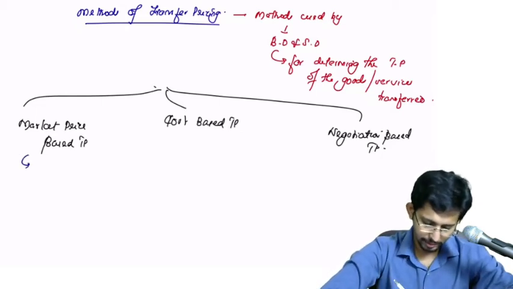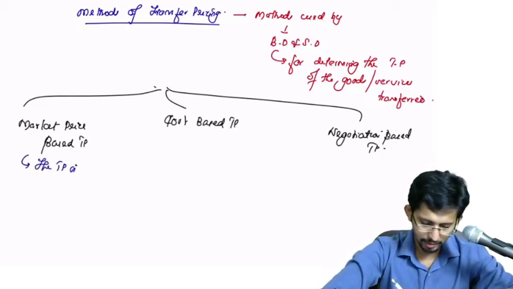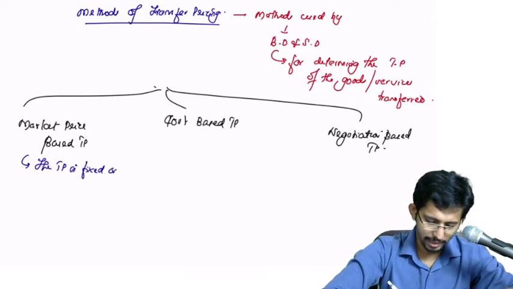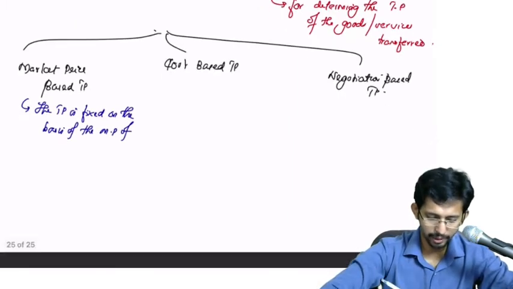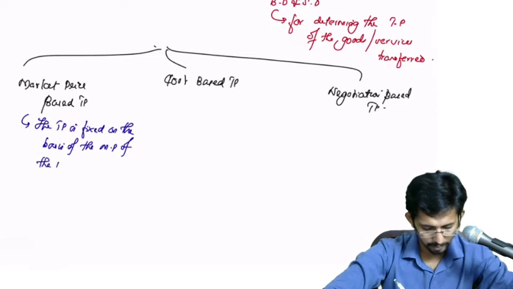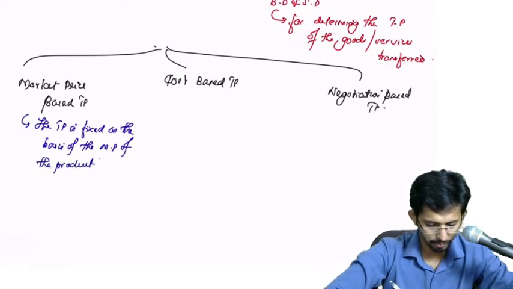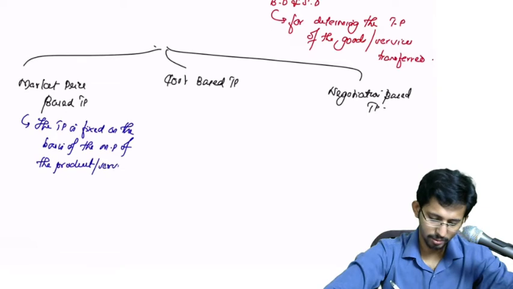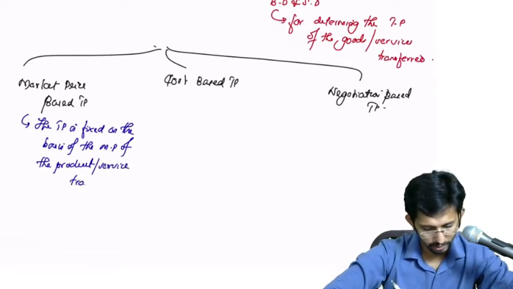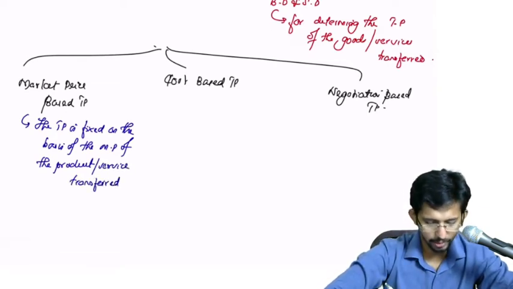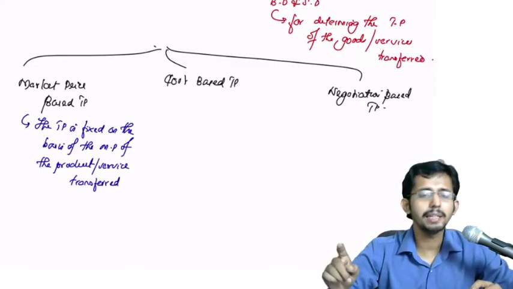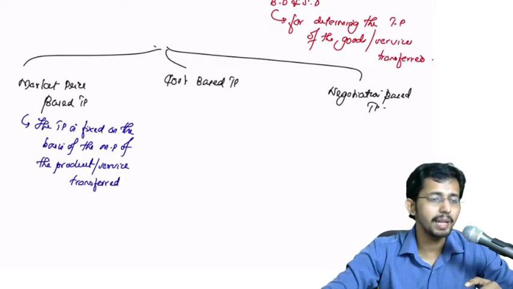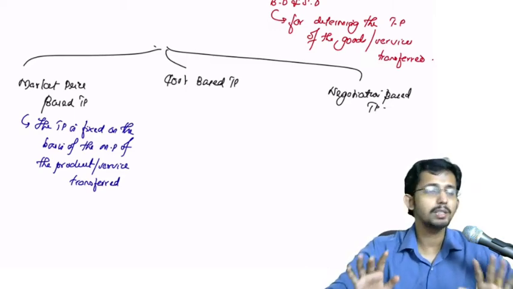In this method, the TP is fixed on the basis of the market price of the product or service transferred. Okay, so we have already seen that the maximum price that the buying division will be prepared to pay to the selling division will be the purchase price.